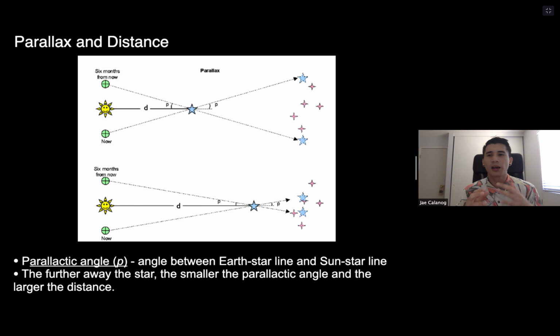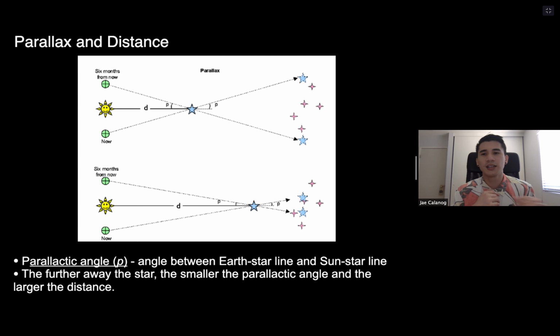So in talking about how can we use parallax and translating that into distance, this diagram summarizes it pretty well. And in talking about parallax, we're going to define this new quantity called the parallactic angle, okay?